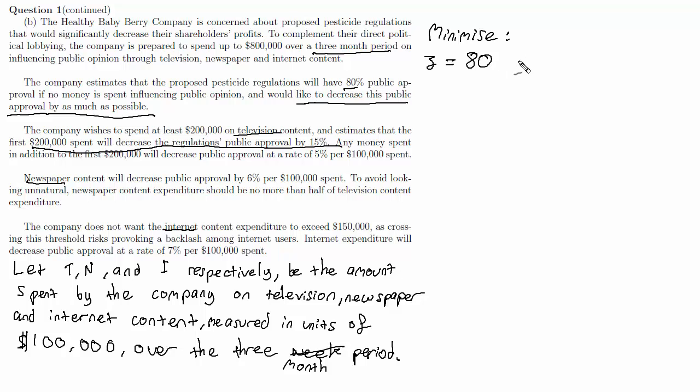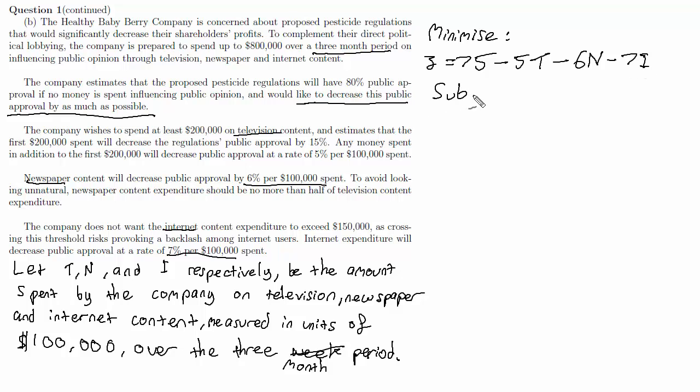So we can just make that 75. Then we get 5% for every 100,000 on TV, so 5T, minus 6% for every 100,000 on newspaper, and then 7% for every 100,000 on internet. And that's our objective function.